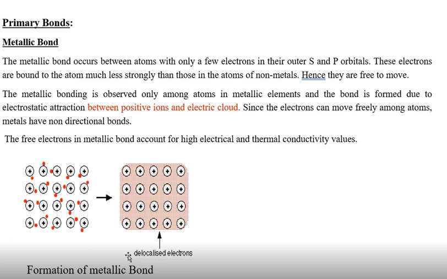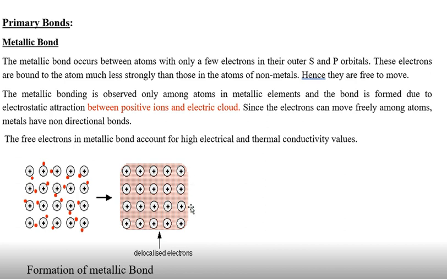Right, here you can see some positives and negatives. You know, positives are nucleus and negatives are electrons. So inside a metal or a solid, we can see a regular arrangement of nucleus, that is positives, and regular arrangement of electrons.